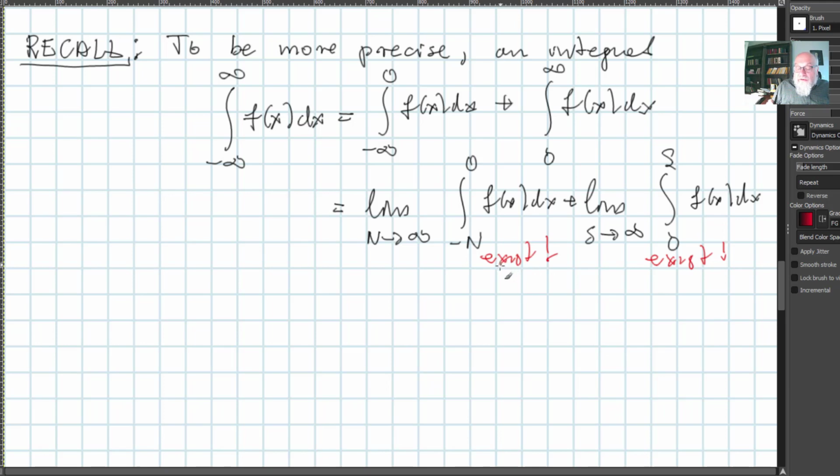So remember, the integral from minus infinity to infinity, precisely speaking, denotes two improper integrals. One is at minus infinity, another one is at plus infinity. Both of them are limits. In such a case, we say that the improper integral converges, and the values of these limits give you the value of this improper integral.